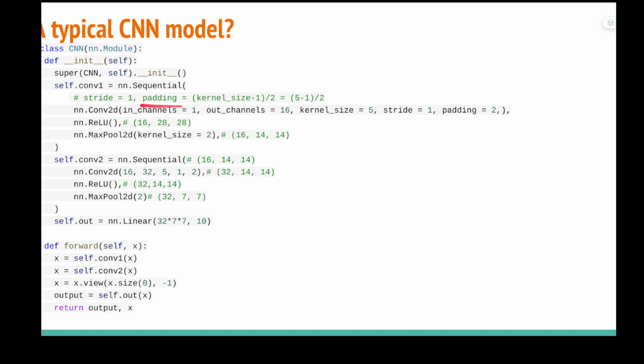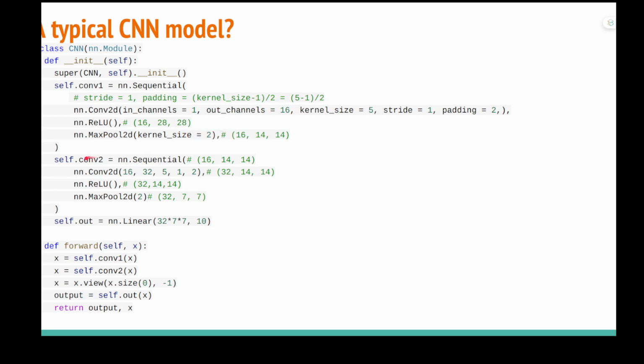In this example, the output of the first block has 16 channels here, and the ReLU and the max pool will not affect the channels, so the output is 16.